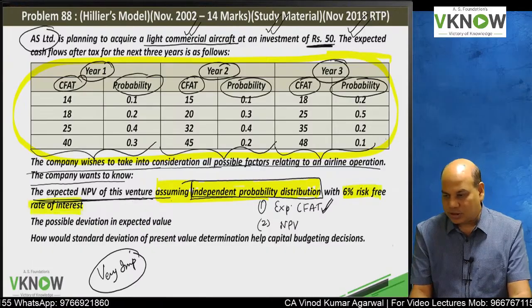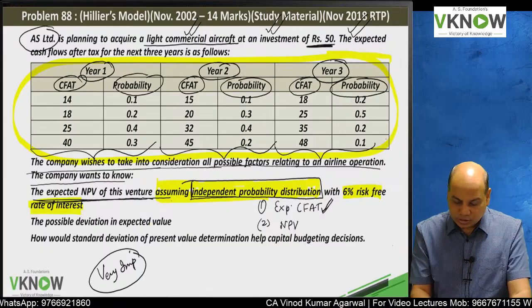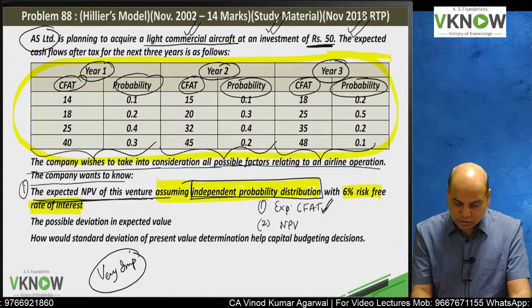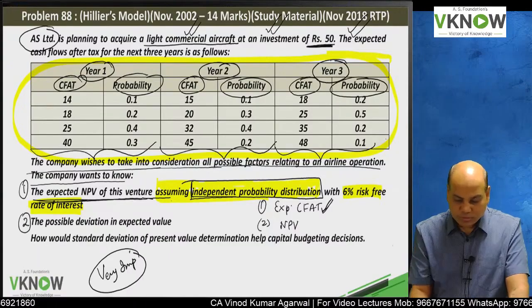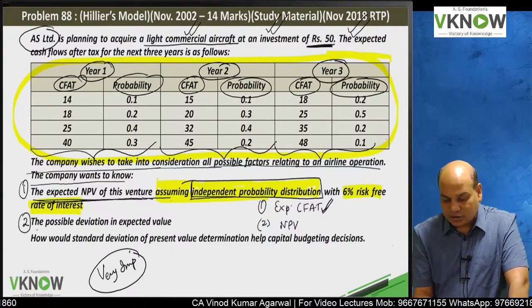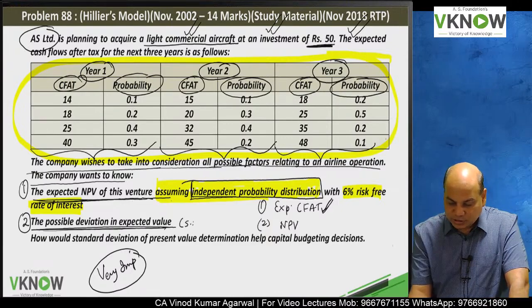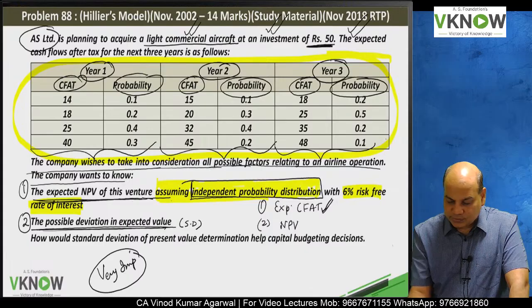So the discount rate is 6%. You have to compute this. Second, you have to compute possible deviation in expected value. Possible deviation in expected value means standard deviation.